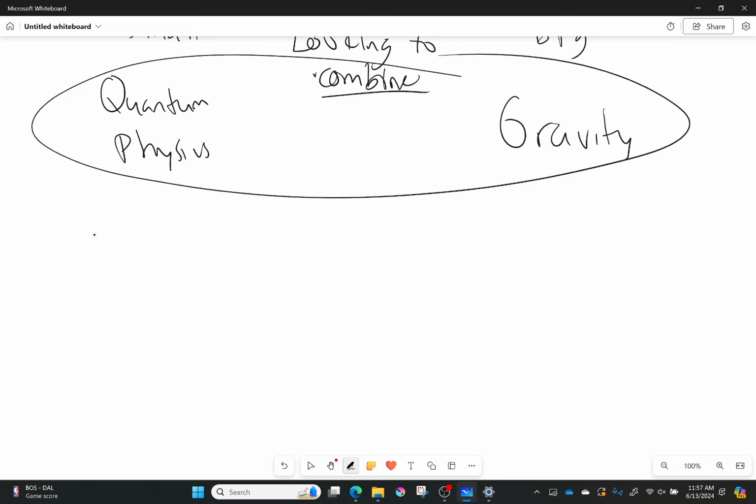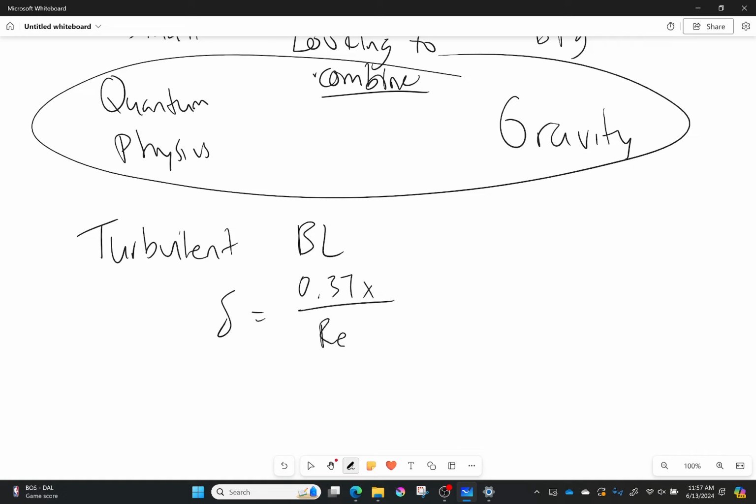For turbulent boundary layers, we have those too. I have an empirical model that says my boundary layer thickness is equal to 0.37x over my Reynolds number to the fifth power. That is the first one.